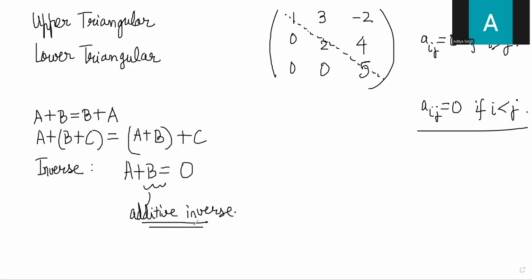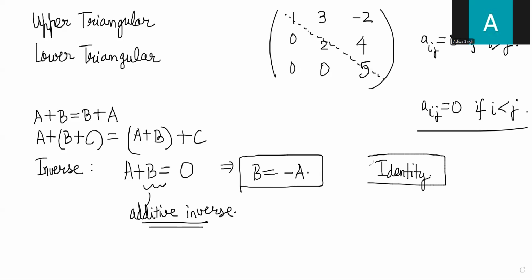So the definition of inverse is always written like this. If you are talking about additive inverse, then you say that for any given matrix A, you can find a matrix B such that A plus B is the zero matrix. So obviously from here, B becomes the minus A matrix. That is the additive inverse, right? Similarly, there is an additive identity.